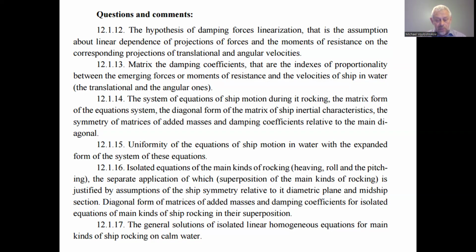Diagonal form of matrices of added masses and damping coefficients for isolated equations of the main kinds of ship rocking in the superposition. We can reduce the matrix of the added masses and the matrix of the damping coefficients for the isolated equations, assuming the ship symmetric, because due to this assumption, the inertial forces and forces of resistance arise only under the action of accelerations and velocities in the same direction of the force.